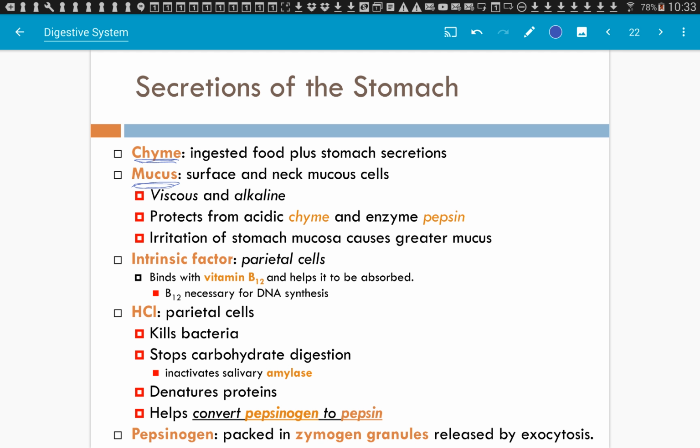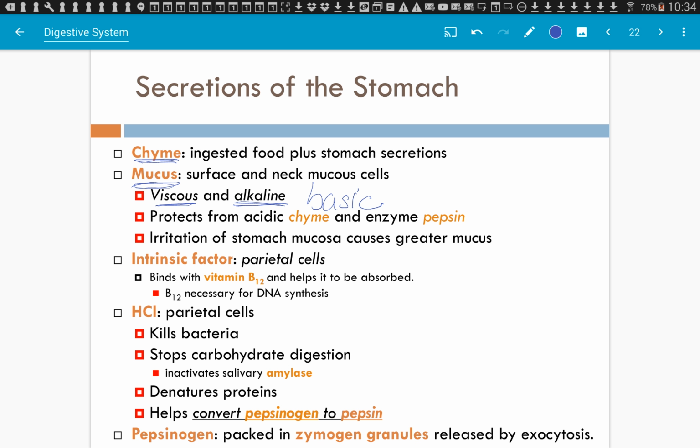So the mucus cells, the mucus that's produced is very important. So mucus is viscous, which means it's thick, and alkaline. What does alkaline mean? Basic, yeah. Which, if it's basic and our hydrochloric acid is really strong, you add a strong acid and you have a base, kind of helps neutralize that region before you get to the stomach wall itself, preventing damage.